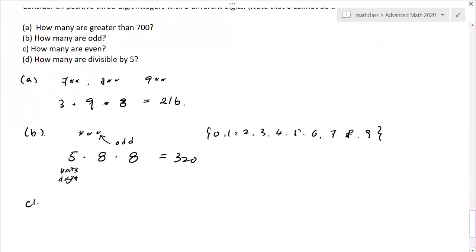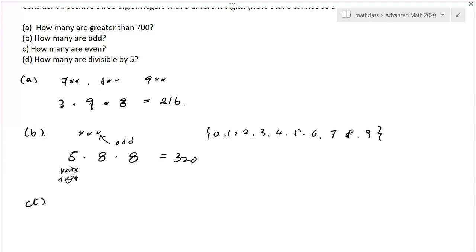C. How many are even? Now we have to be more careful about the even ones. I think if you do it directly, it'd be much more difficult.